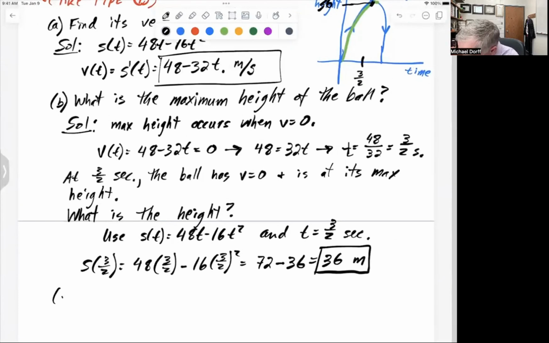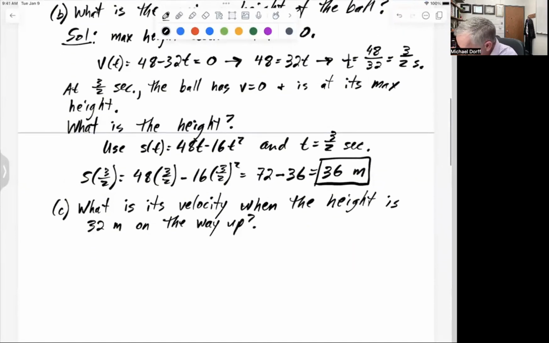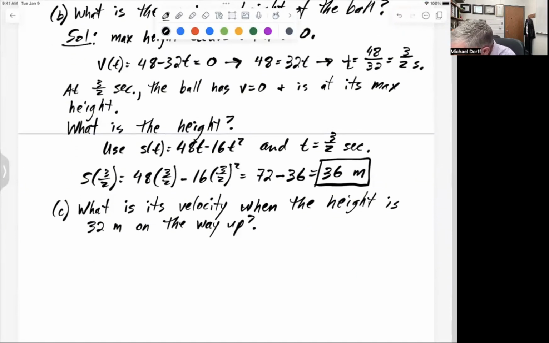Good. Now let's do another one. What is its velocity when the height is 32 feet or 32 meters on the way up? Now you may wonder, why do we have this on the way up here? Well, if I throw my ball up like this, and again, we think of this in terms of an axis, here's time, and here's height, meters.